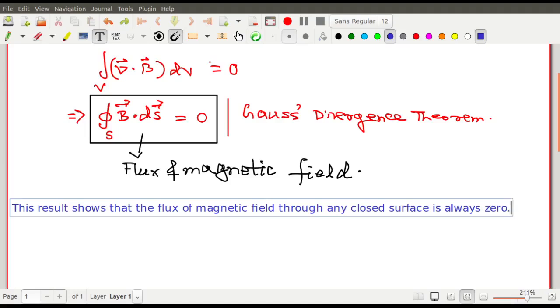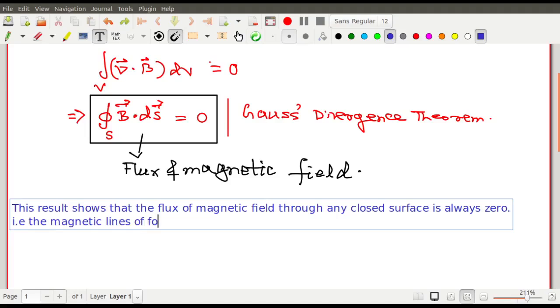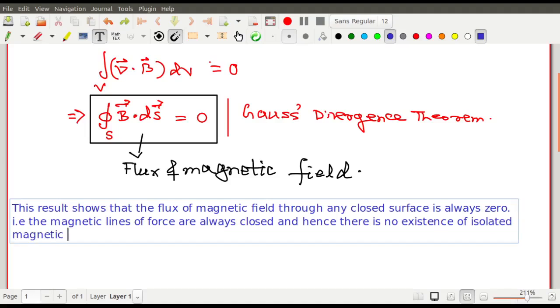The flux is zero. That is, the magnetic lines of force are always closed, and hence there is no existence of isolated magnetic monopole.